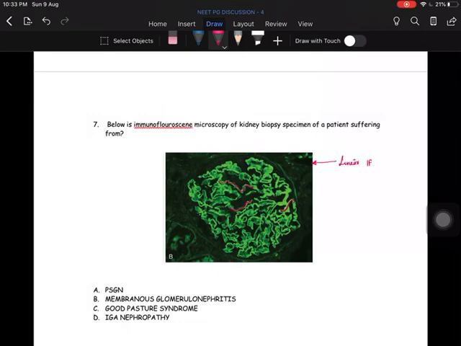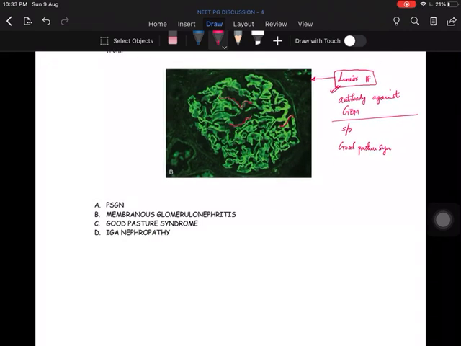Linear immunofluorescence is seen when the pathophysiology is due to antibody against the glomerular basement membrane, suggestive of Goodpasture syndrome. So the answer is Goodpasture syndrome. What about the others?